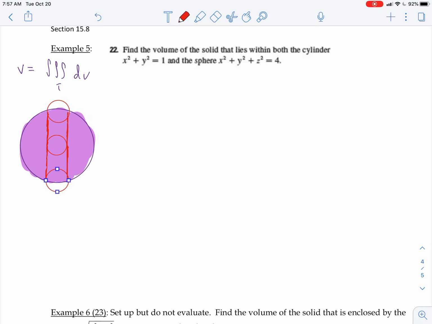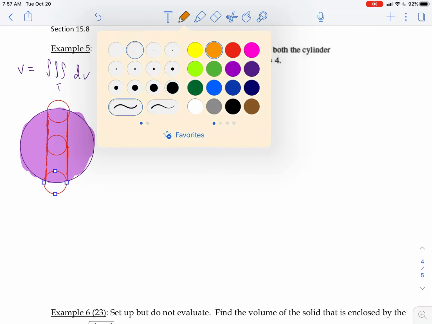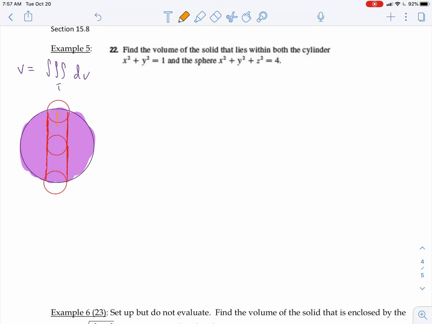And so we have another circle that matches that, it's coming out of it. Another one as well.